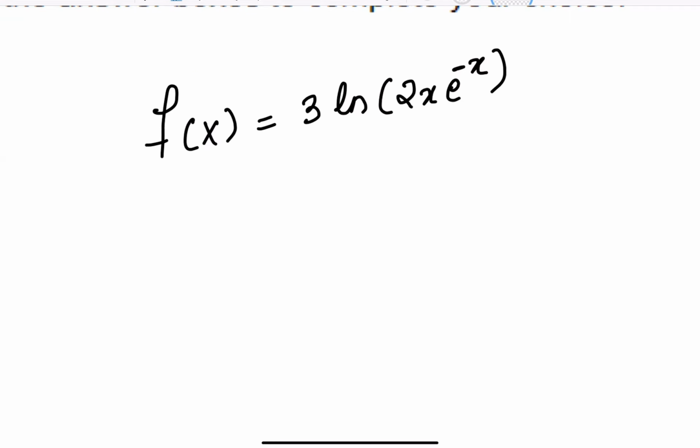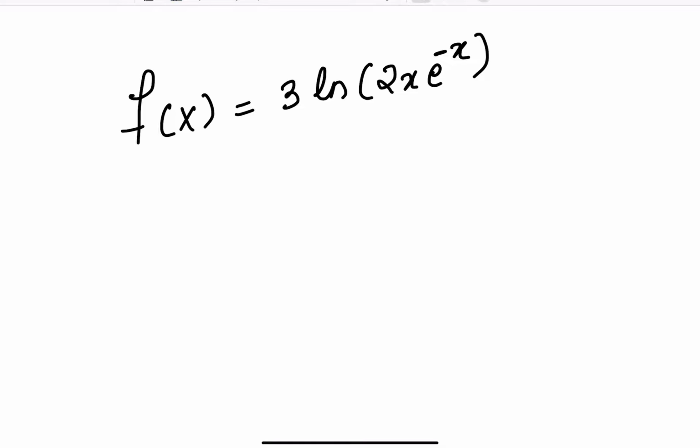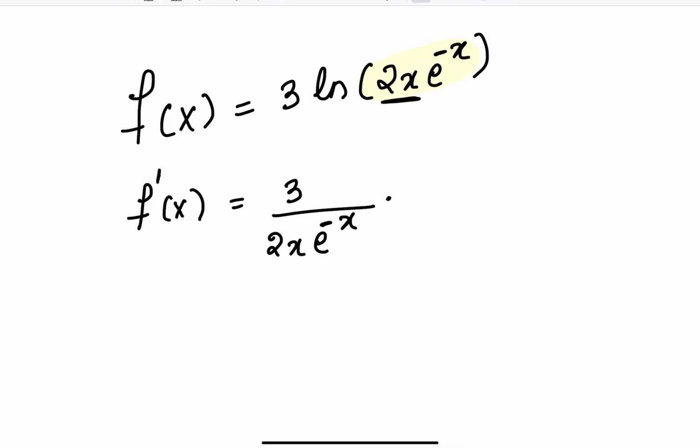I'm not going to do that because they already told me what I'm finding. So I'm going to write down my function and find my first derivative, which is 3 over 2x e to the negative x times the derivative of 2x e to the negative x. This is a product rule: 2x times the derivative of e to the negative x, which is e to the negative x times negative 1, plus the derivative of 2x, which is 2, times e to the negative x.